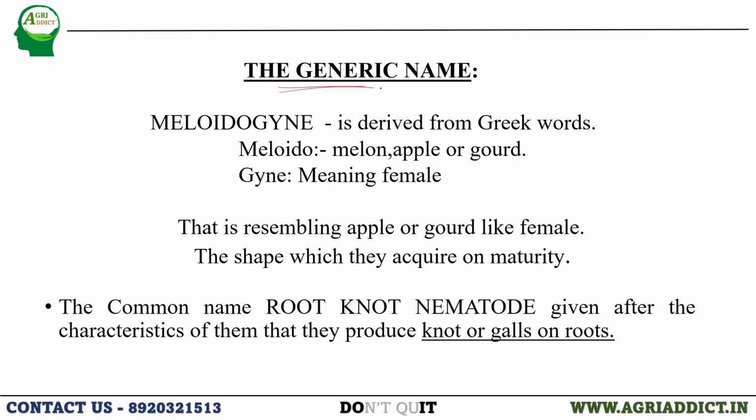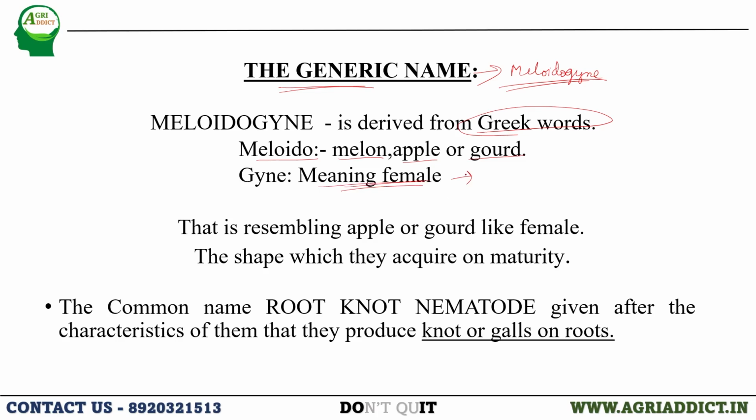The generic name: we know the scientific name, or genus, of root knot nematode. It is Meloidogyne. How has the name been derived? It has been derived from the Greek words: meloido, which means melon, apple or gourd, and gyne, meaning female.